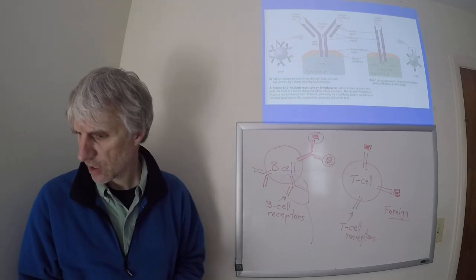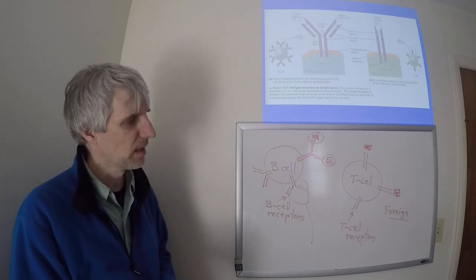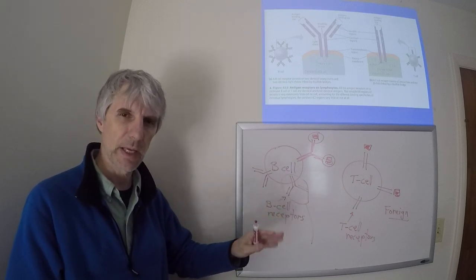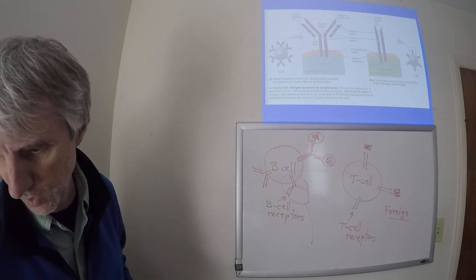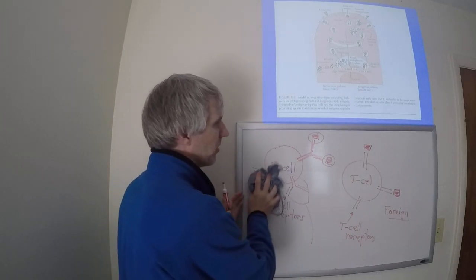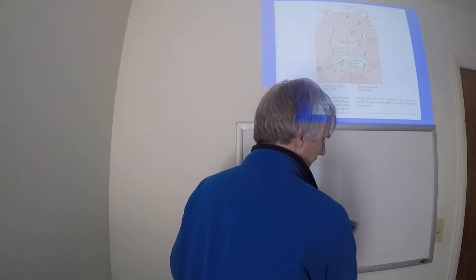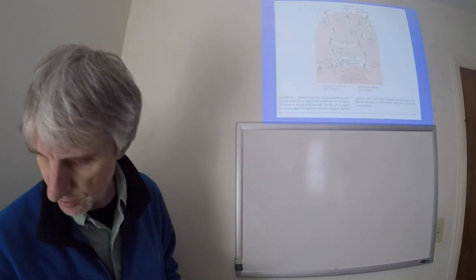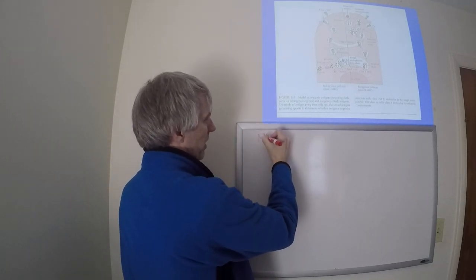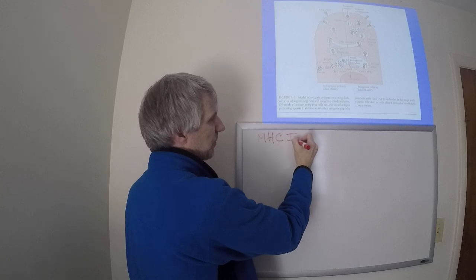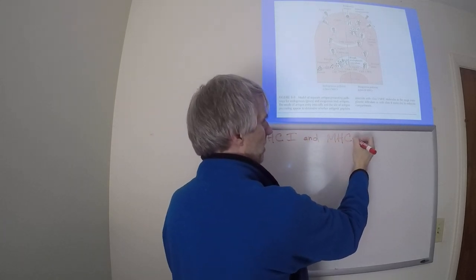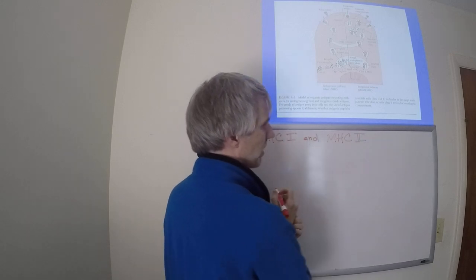All right, so let's go ahead and talk a little bit about how to get these two cell types to interact with each other. Okay. And then to talk about that, we have to talk about another system that occurs within cells that has to do with two different types of MHC class systems.